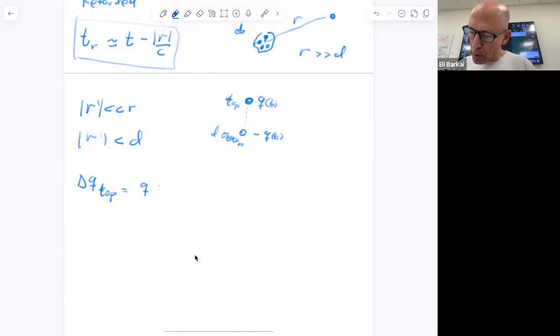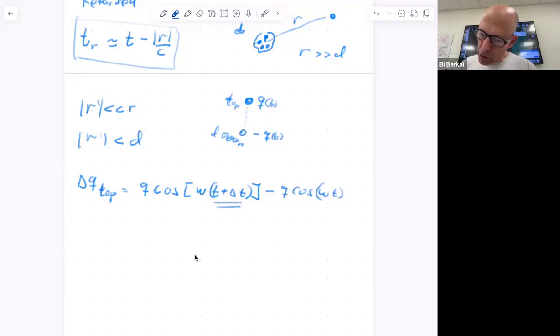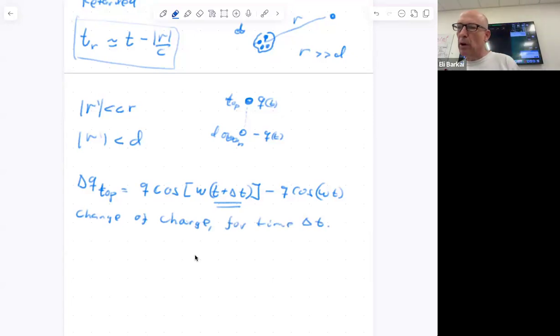This is, of course, cosine. This is the definition of the model. I'm just putting here the charge at time t plus delta t minus the charge at time t. So this is the change of charge on the top for time delta t. And it's a small change. Delta Q is small because delta t is small.